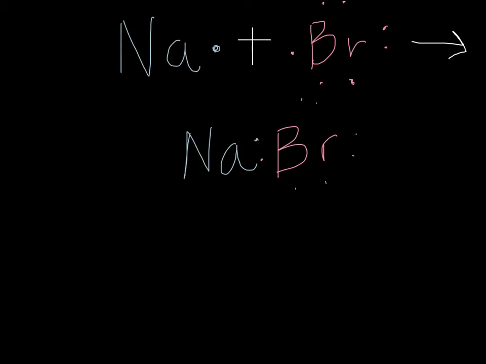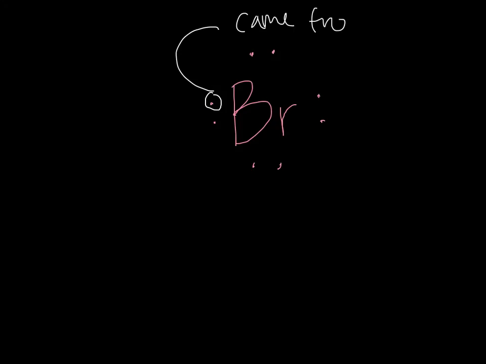And the sodium actually gave its electron away. So I'm going to actually erase sodium here if I can. Maybe I can't. So the final product will actually look like this. Bromine with a full valence shell, because this electron actually came from sodium.